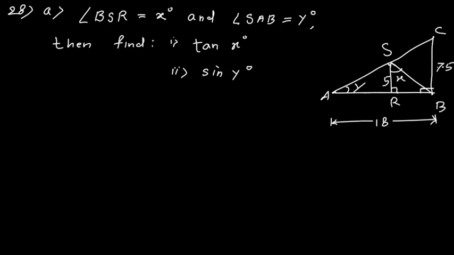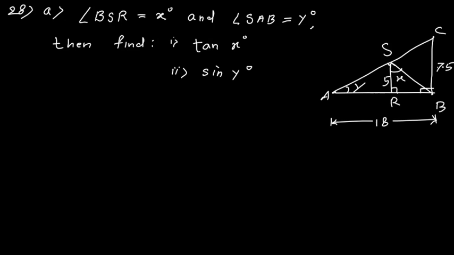So problem seems to be little difficult. We can find the value of AC. From AC we can find the value of y, that is fine, but how do we get the value of RB? Actually we can use the principle of similarity of triangles and we could find the value of AR.